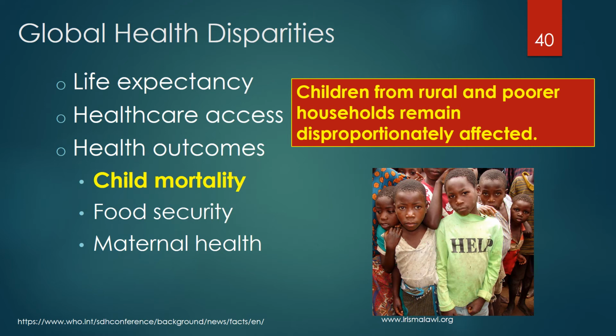In Chad, every 5th child, or 200 out of 1,000, dies before they reach the age of 5, while in the World Health Organization, WHO, European region, the under 5 mortality rate is 13 per 1,000.